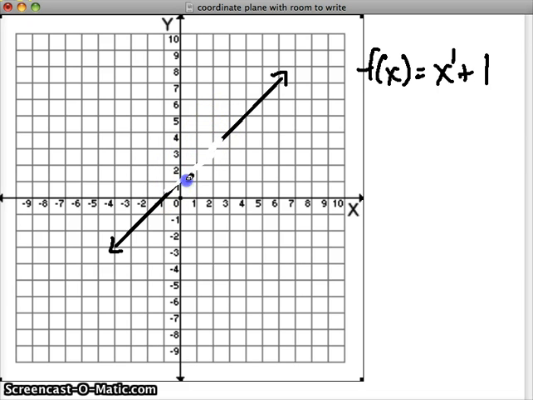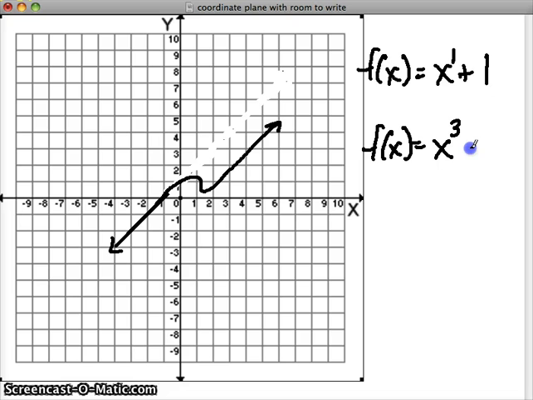And that bump can vary in height and width depending on what our function is really doing, but it's going to get that type of a bump there. And that's for anything with a degree higher than 1 that is still odd. So for example, this might be a graph that represents a cube function.